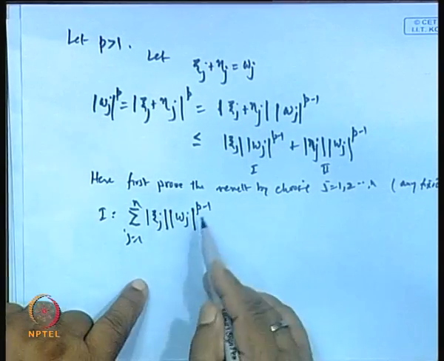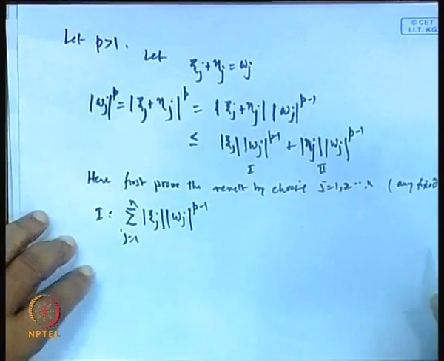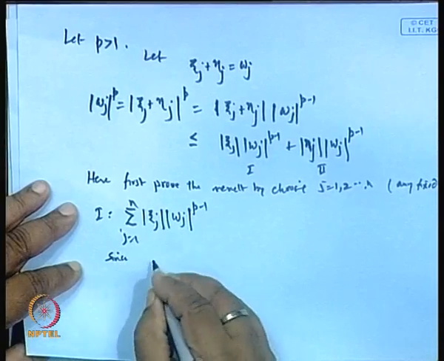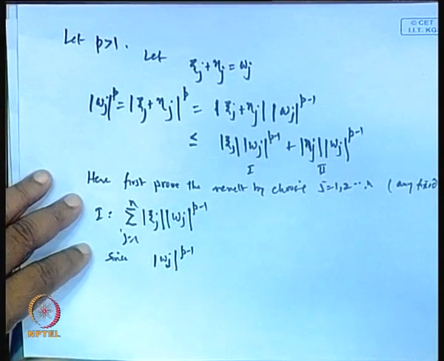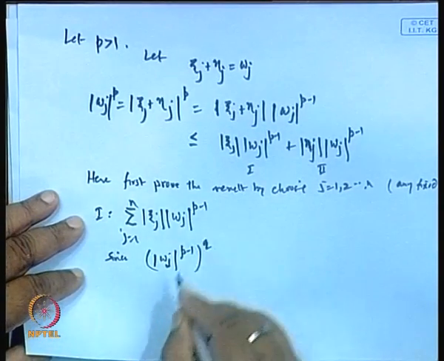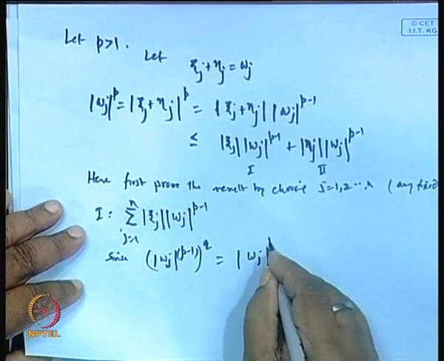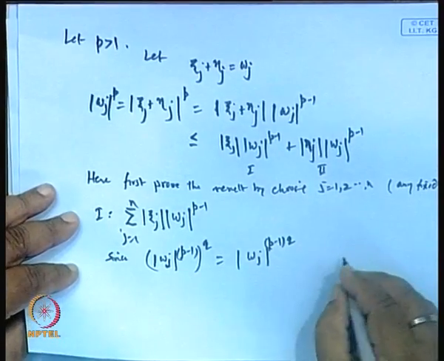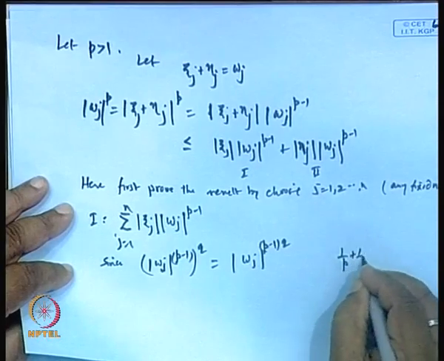So, whether this part is in l^q, that is now obviously: mod of omega_j to the power p minus 1, when we raise it to the power q, becomes mod omega_j to the power (p minus 1) into q. Here p and q are conjugates, so 1 by p plus 1 by q is 1.